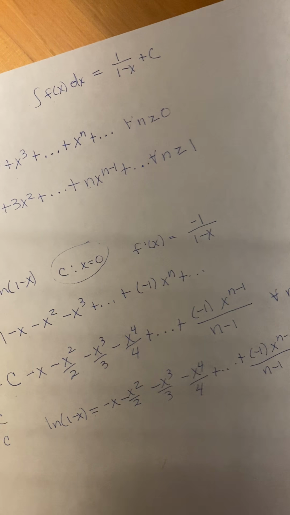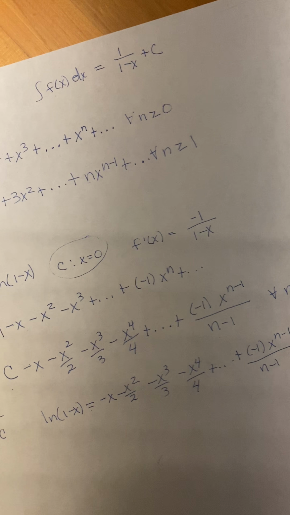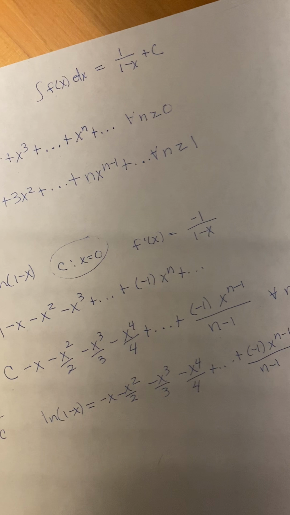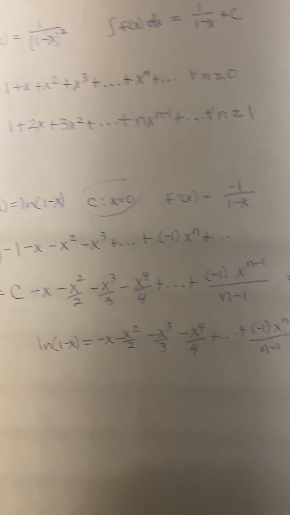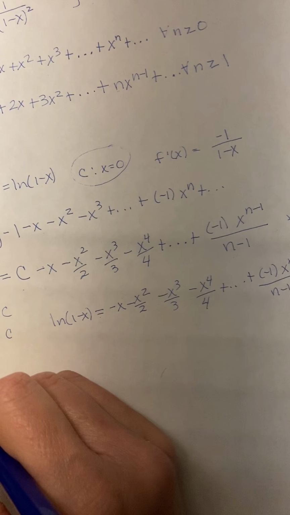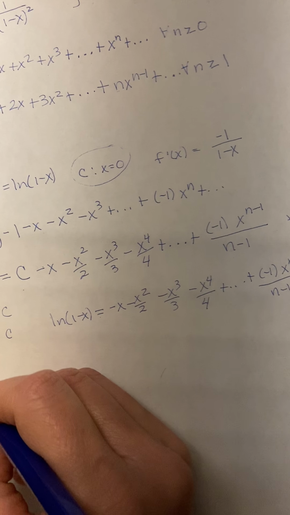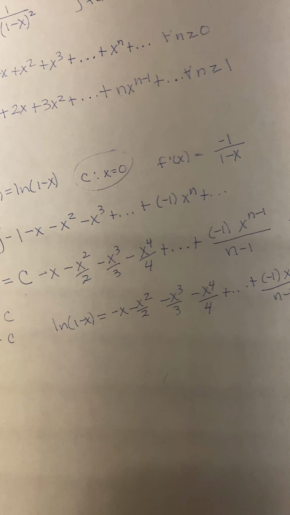If they don't specify, you should always write 4 terms out right here, just so you know. And then I should have plus dot dot dot 3 dots, because for whatever reason, that's how they like it. Good? Okay.